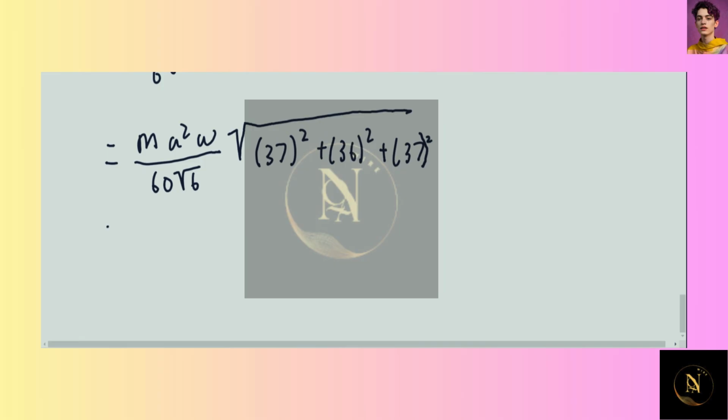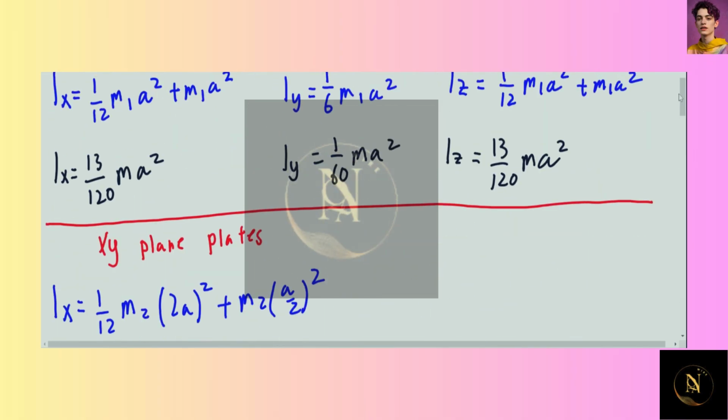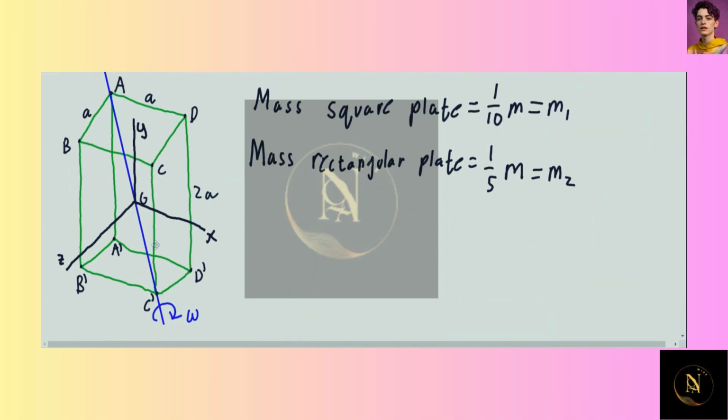So finally, the angular momentum is going to be equal to 0.4321 times m times a squared times the angular velocity. So now we have to find the angle between this angular velocity and the position from point A to C prime.